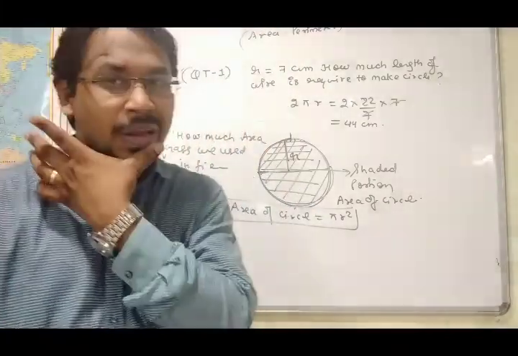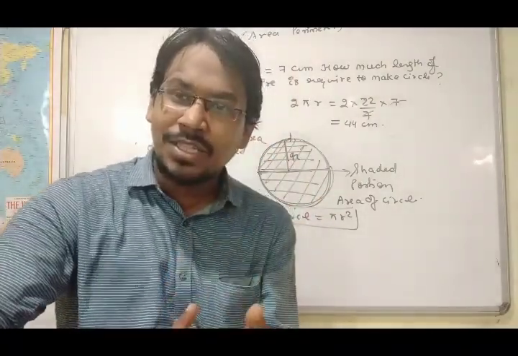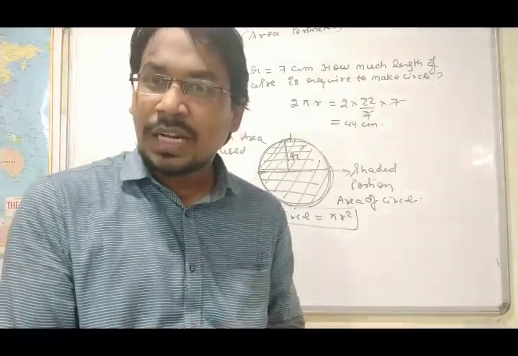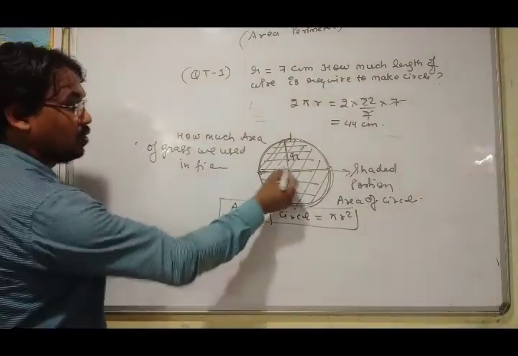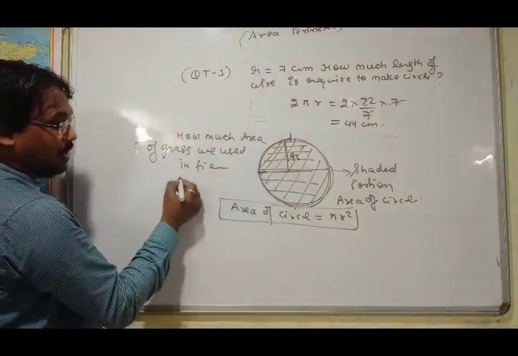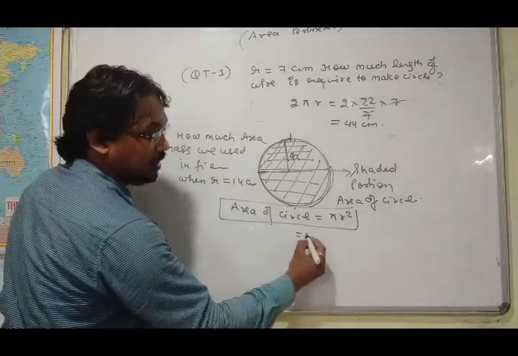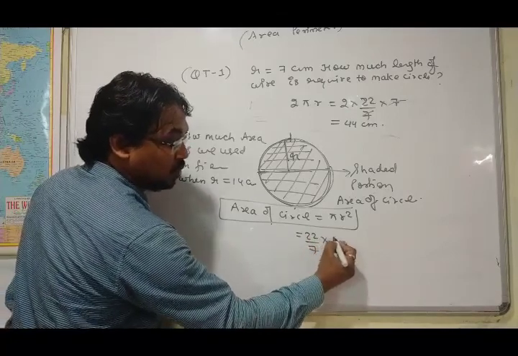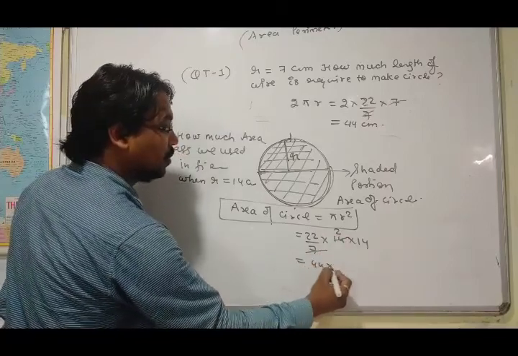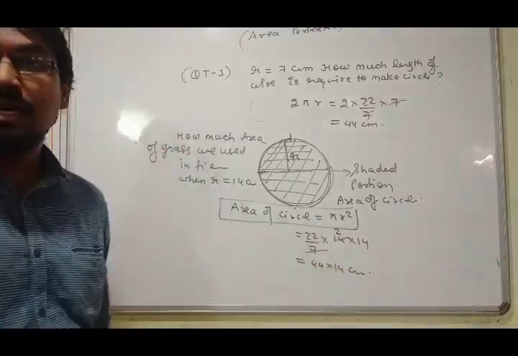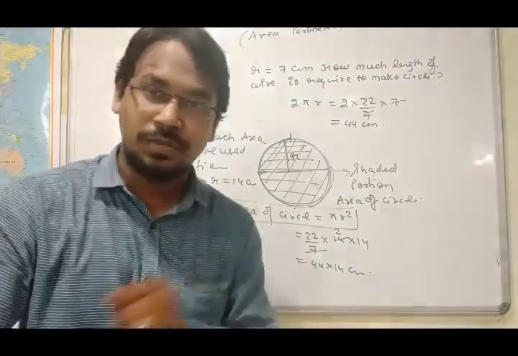If you do not have an idea how much grass your buffalo has grazed, then how will you use that grass to grow for upcoming new buffaloes? So for that, if you want to find the area of grass when radius is 14 centimeter, then you will say, sir, 22 upon 7 into 14 into 14. So sir, 7 twos are 14, it will be 44 into 14 centimeter. So this will be the area of circle.